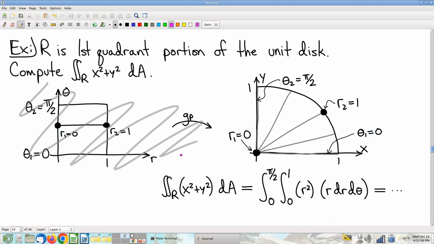Then likewise, for a given value of theta, let's pick some arbitrary value of theta, somewhere between 0 and pi over 2. What are we going to do with that? Well, okay, again, you could think of that as being a theta slice over here in the pullback domain, and we could try to keep track of, well, where does r start and then where does r end? But you can see that right here. It starts right there where r is equal to 0.